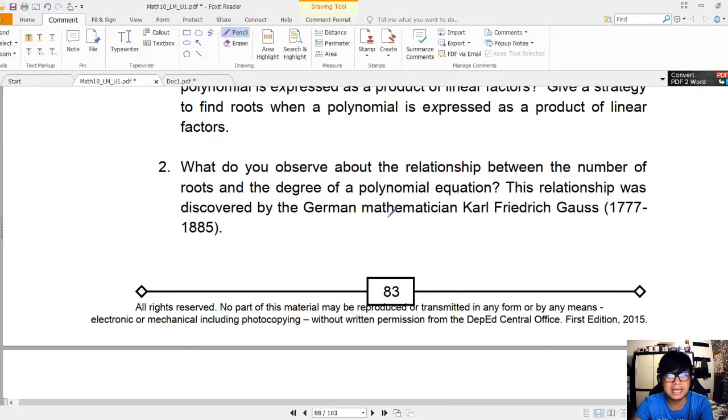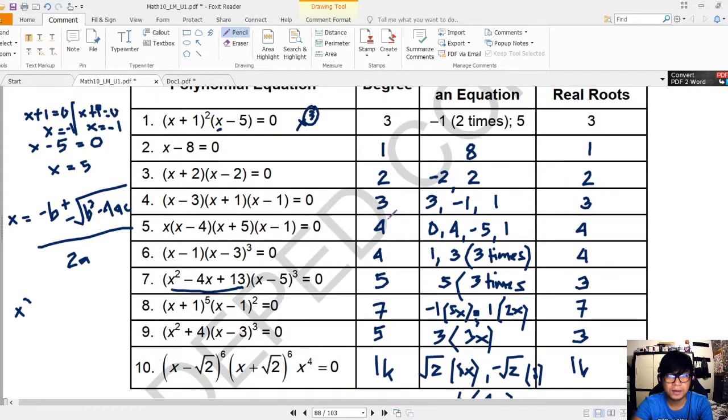So, pwedeng, yung number of real roots natin, pwedeng equal siya doon sa degree of a polynomial. Example, yung kanina, ito, at most, 3 din dito. So, 1, 1, 2, 2. So, equal siya. Pero may mga times na hindi equal yung ating number of real roots dun sa degree. It's because may mga roots na hindi siya real roots. Tulad dito, di ba? Hindi siya real roots kasi yung sinolve natin square root of negative number.